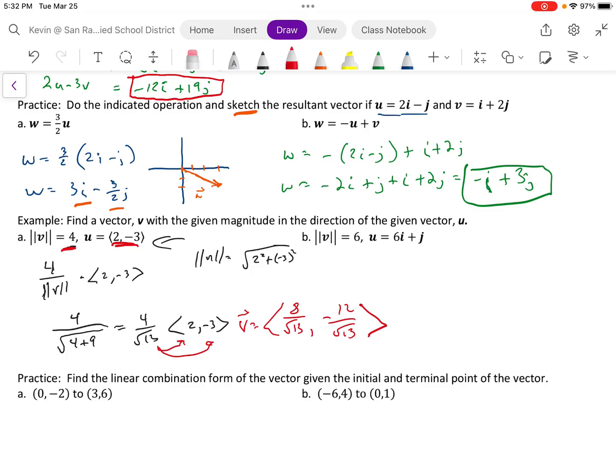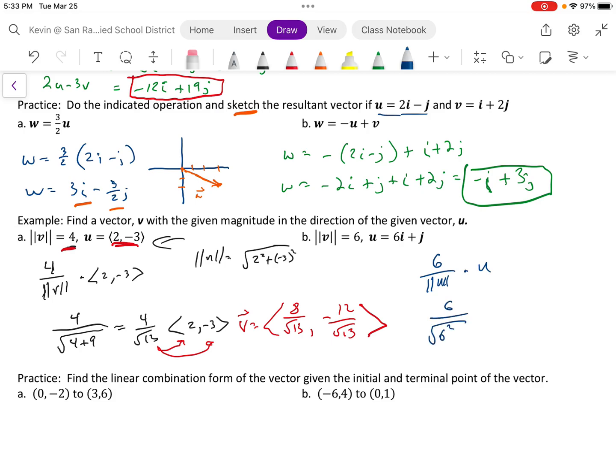We have to use that same concept. We can do the same thing if it's a linear combination. So we're going to go 6 over the magnitude of u times u is ultimately what we're going to do here.